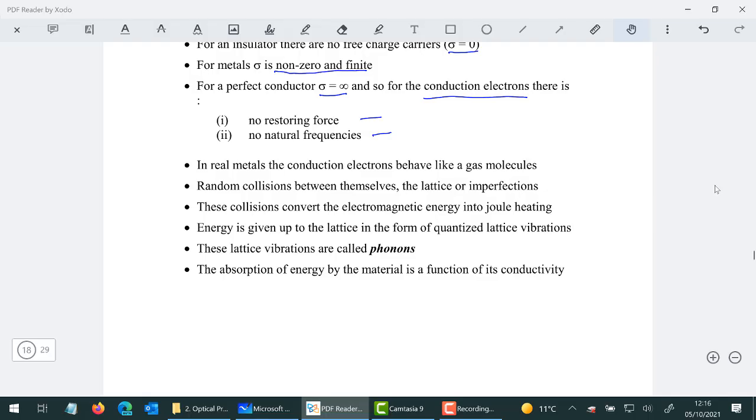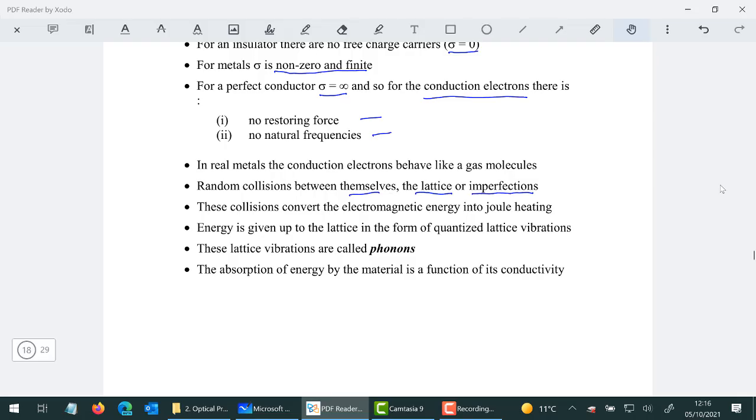They are free to move within the boundaries of the metal, and there will be random collisions between the electrons themselves, random collisions with the underlying lattice of the material, and collisions with various imperfections which might be within the metal.